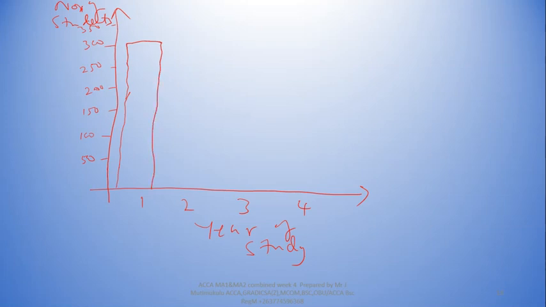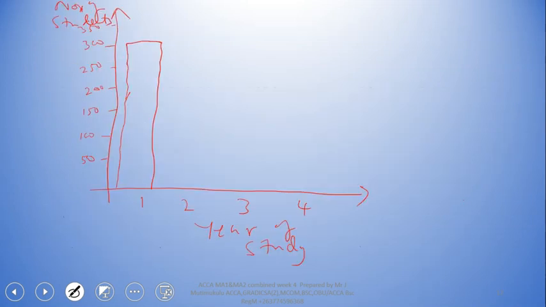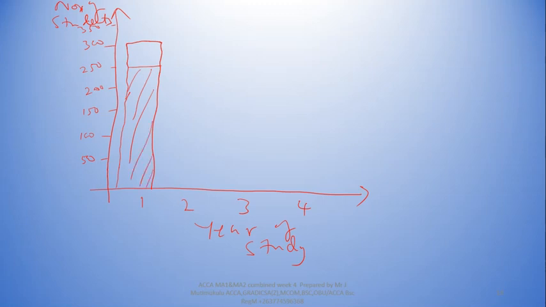That's our first year. We know that in the first year the total is 300, and boys were 250 in that year, so the 250 level is this one. This is the level of boys, and the remainder, 50, is for the girls.